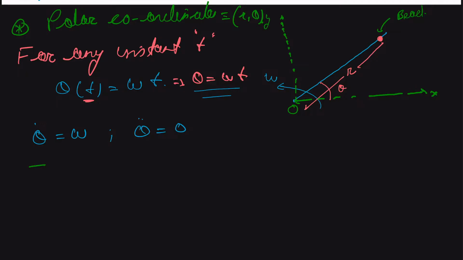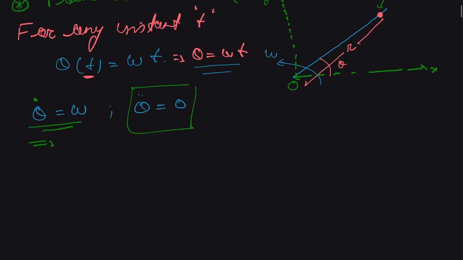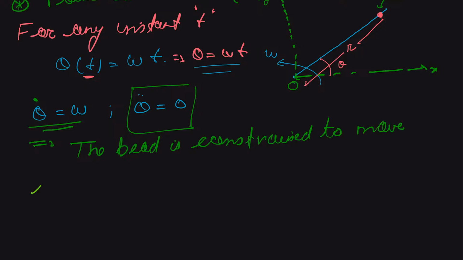So from here, because we got the second derivative equal to 0 and the first derivative of theta equal to omega, we can say that the bead is constrained to move only along the rod.